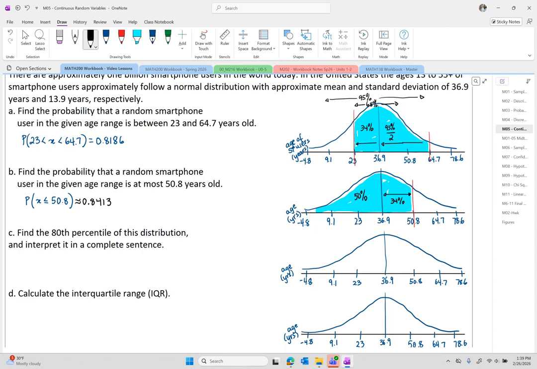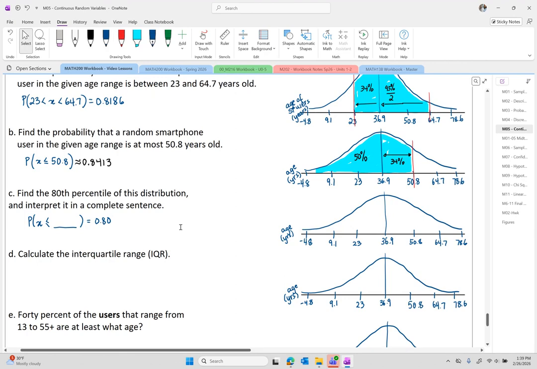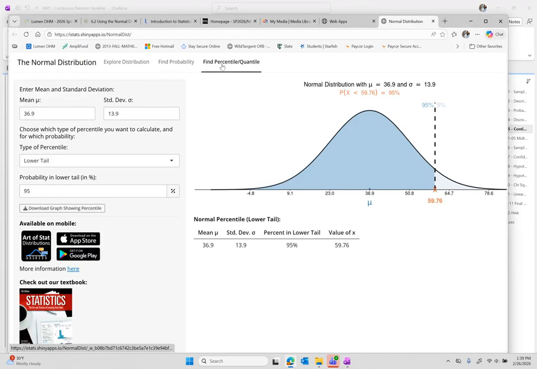Find the 80th percentile of this distribution. So mathematically, the expression is what is the value of the variable? So we are looking for this value such that the probability of x being at most that value will be 80%, 0.80. So for that, I will go in Art of Stat in the tab Find Percentile, Quantile.